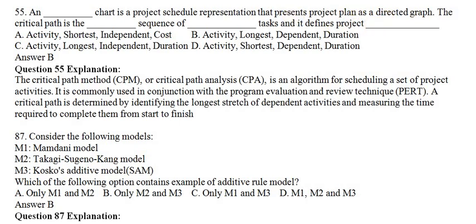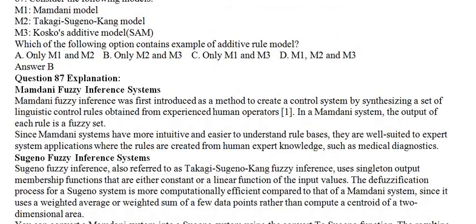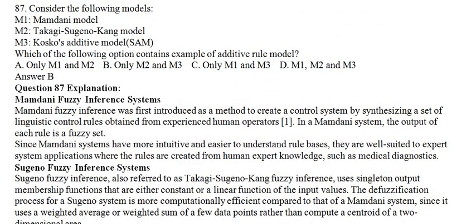Okay, next one is: consider the following models: Mamdani model, Takagi Sugeno Kang model, Kosko additive model. Which of the following options contains an example of an additive rule model? Actually this is the Mamdani fuzzy inference model.